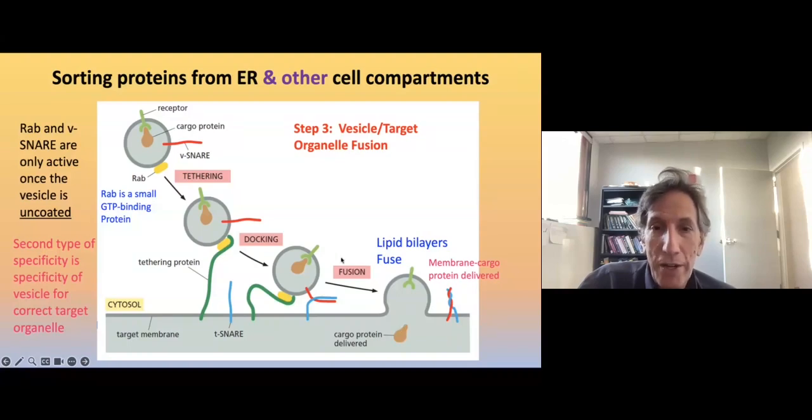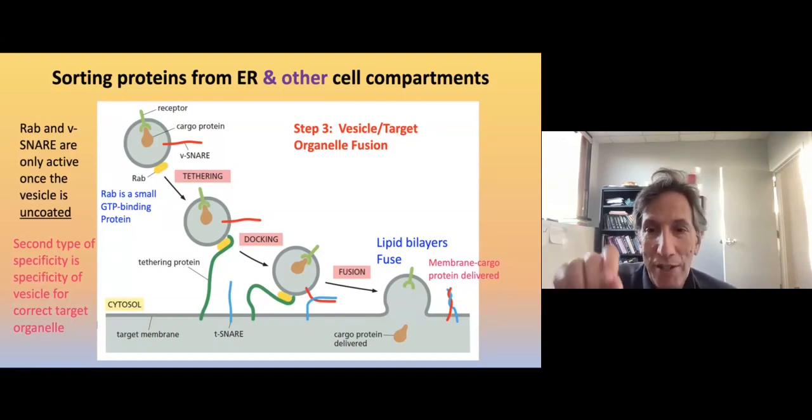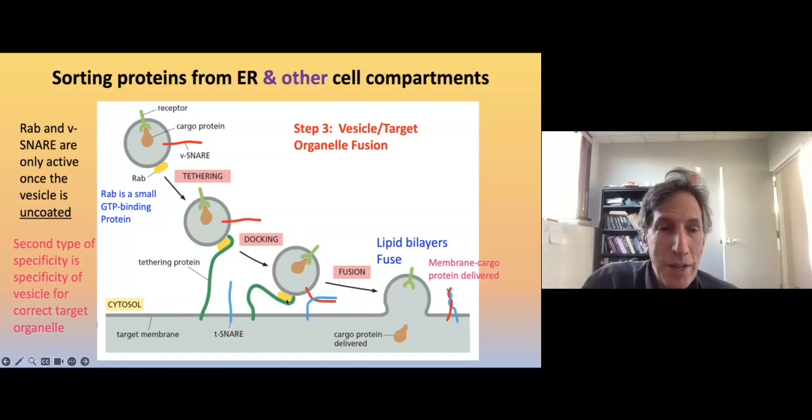There's not any shown here, but if there is membrane cargo, the transmembrane proteins are now part of the target membrane. So if it's going ER to Golgi, it started out as an ER transmembrane protein and ended up as a Golgi transmembrane protein, with the same topology. If it was inward at the ER, it's inward at the Golgi.